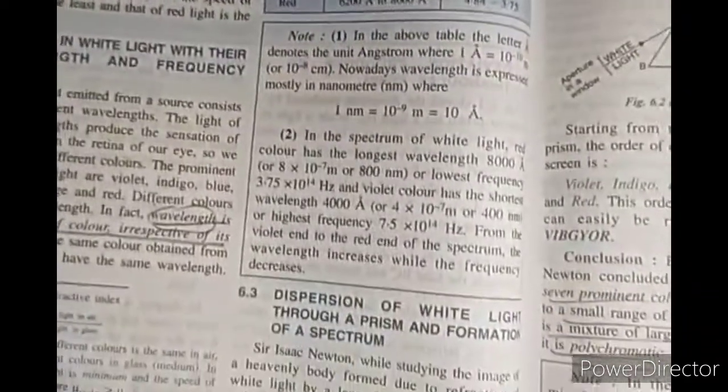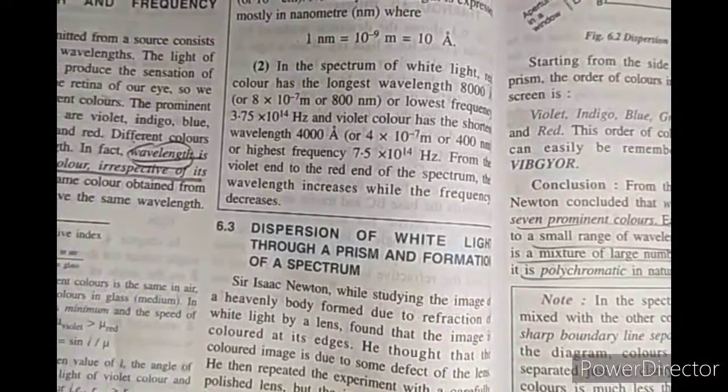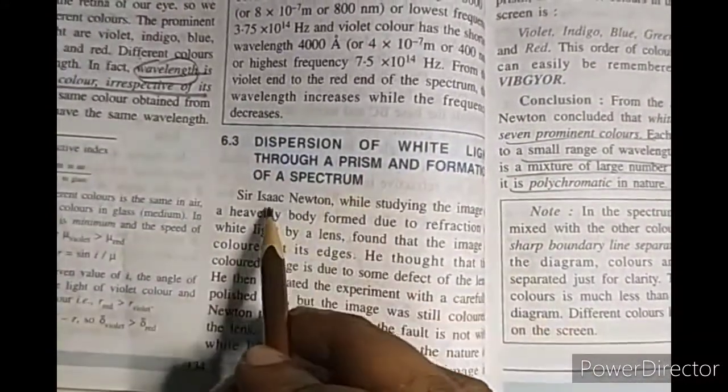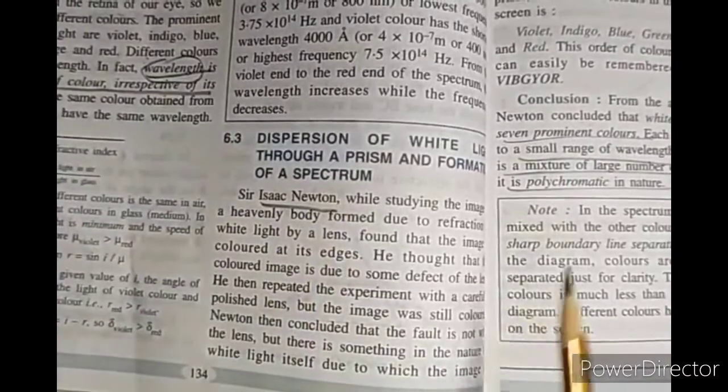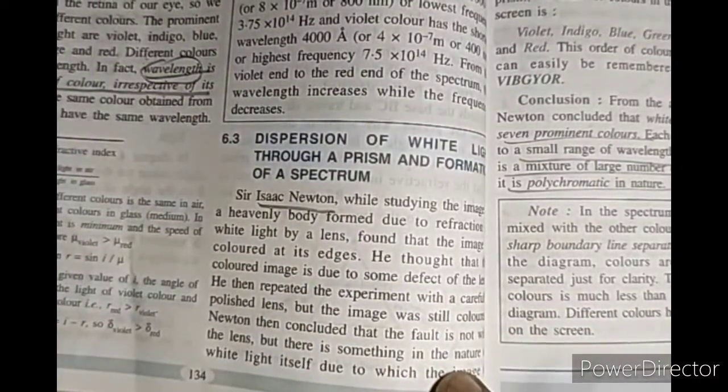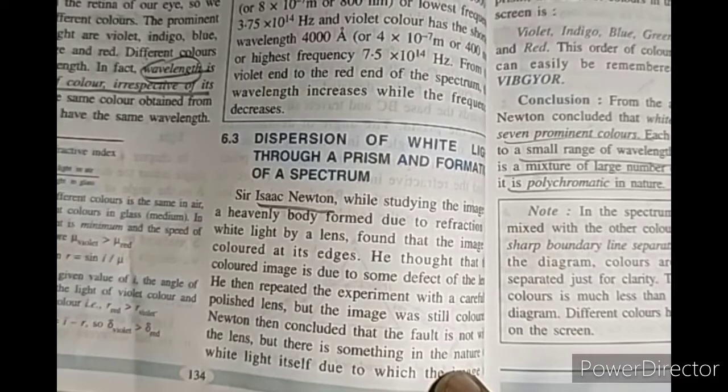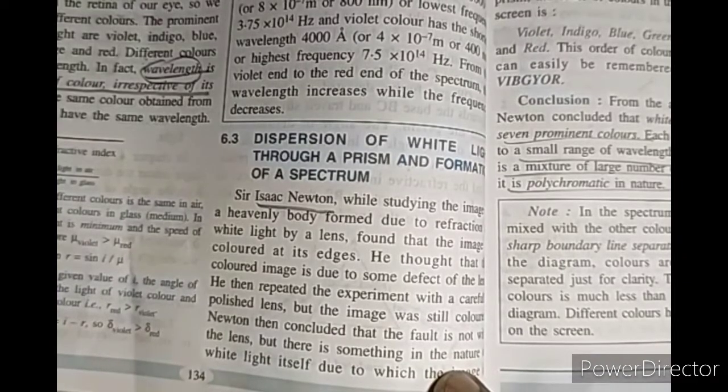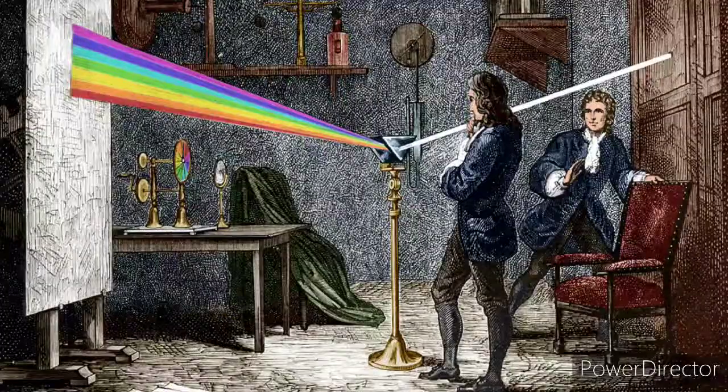Now let us try to understand dispersion of white light. We all know Sir Isaac Newton. As you can see in the image, he did an experiment, and we will be discussing that experiment. He thought that the colored image was due to some defect of the lens.